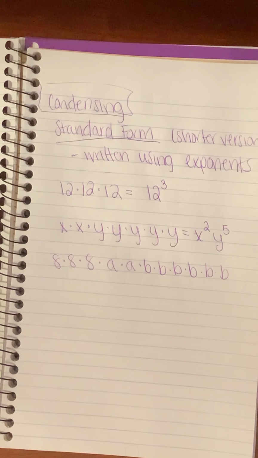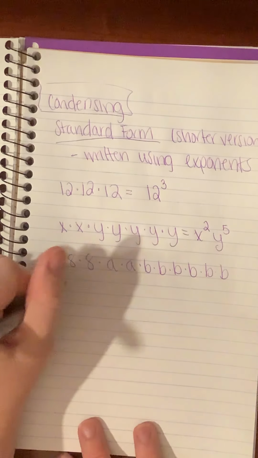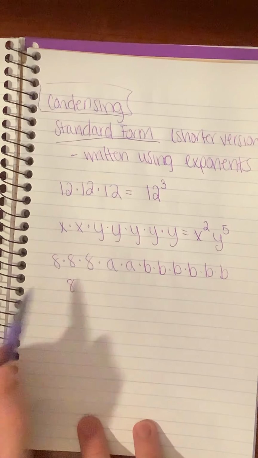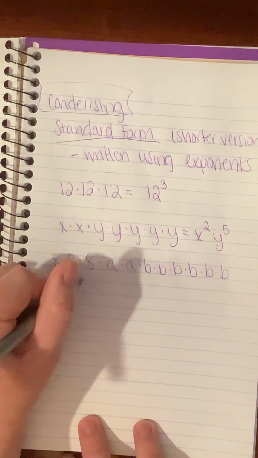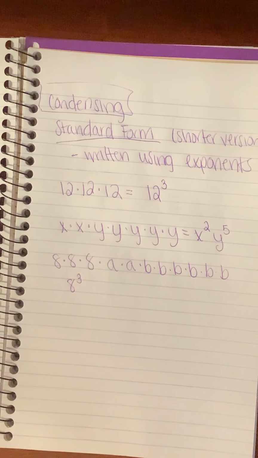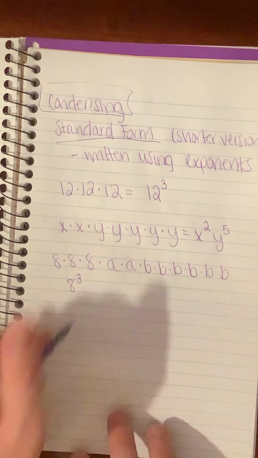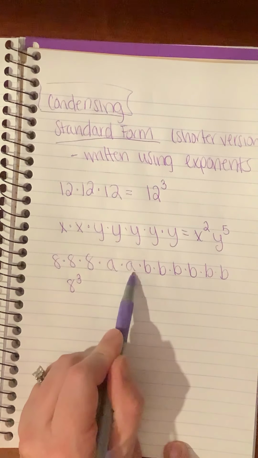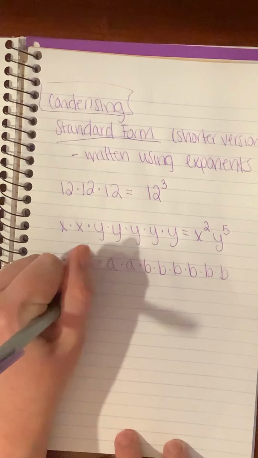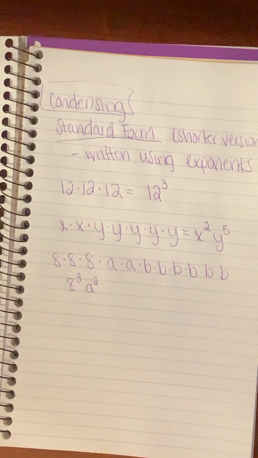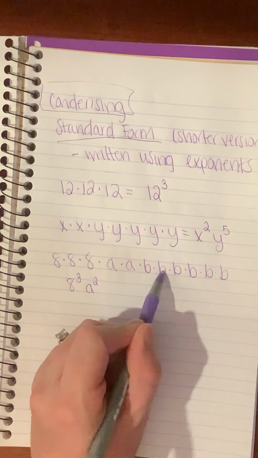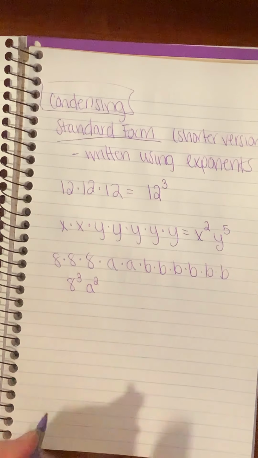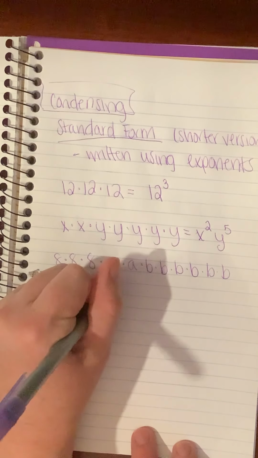All right, well, the first base I'm going to start with is 8. I see 1, 2, 3 of them. 8 to the third power. Then I see a's, 1, 2. A to the second power. And then my b's, 1, 2, 3, 4, 5, 6. So I have b to the sixth power.